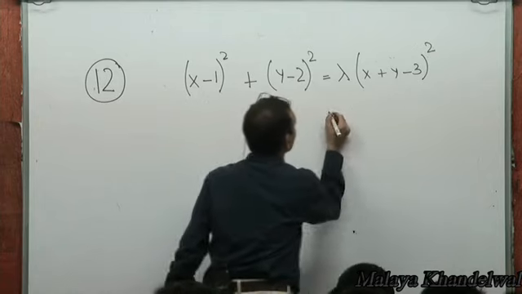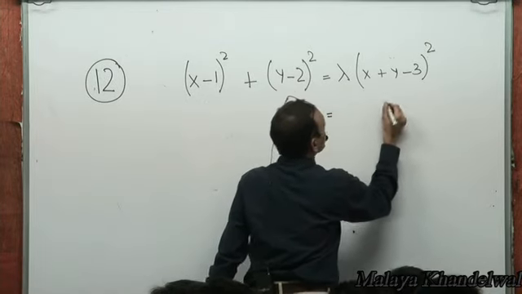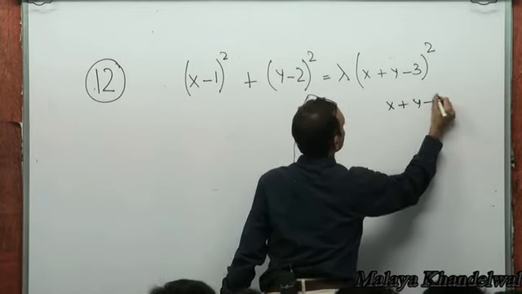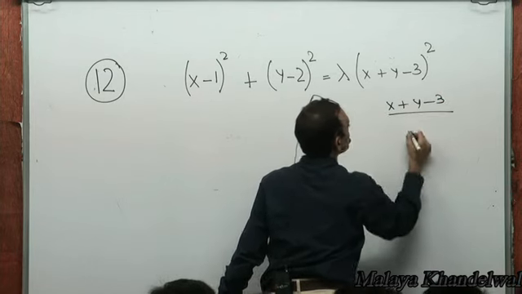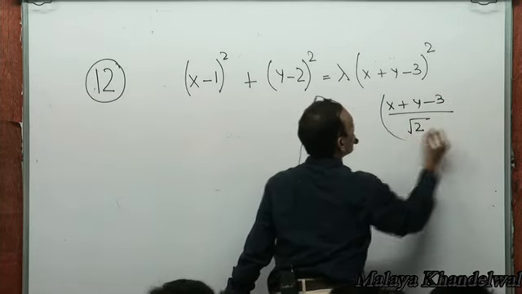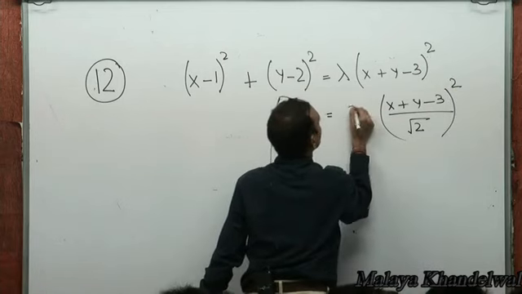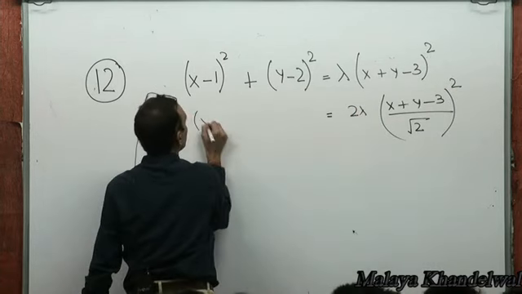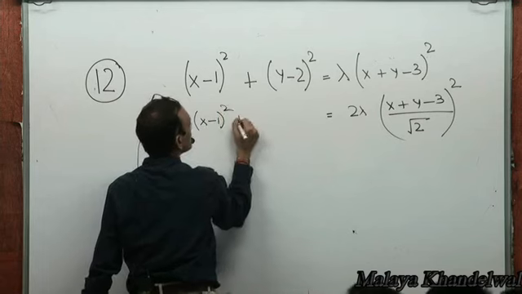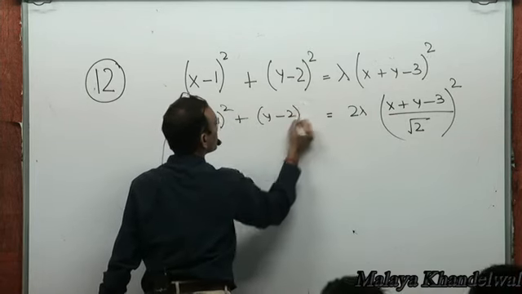Now this I could have written as x plus y minus 3 divided by root of 1 squared plus 1 squared, whole squared, into 2 lambda, is x minus 1 whole squared plus y minus 2 whole squared.